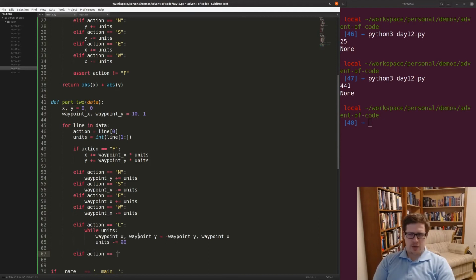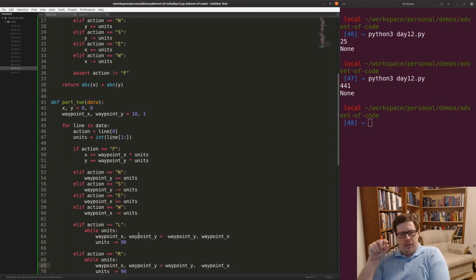And we'll have something similar here. Action equals right. This means that while we have units, waypoint x and waypoint y are going to equal waypoint y and negative waypoint x. So essentially, we're flipping the x and y coordinates for the waypoint, but with a negative.